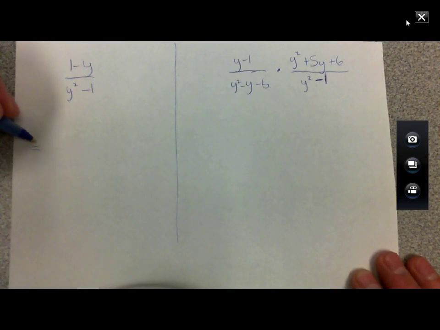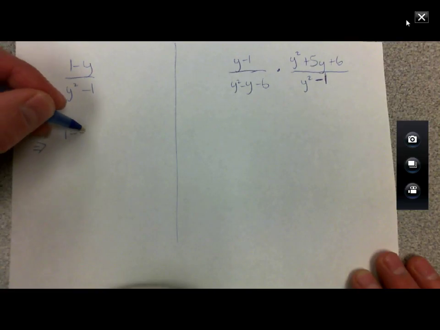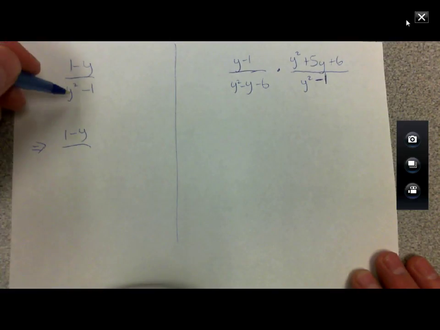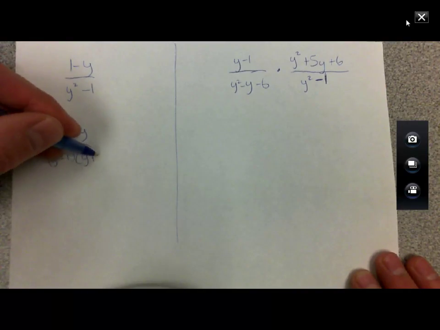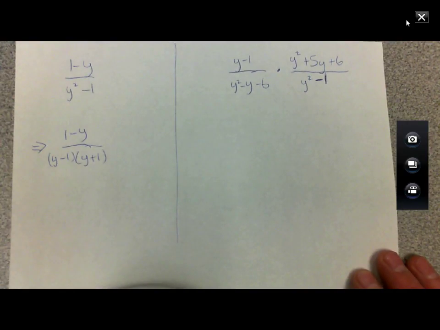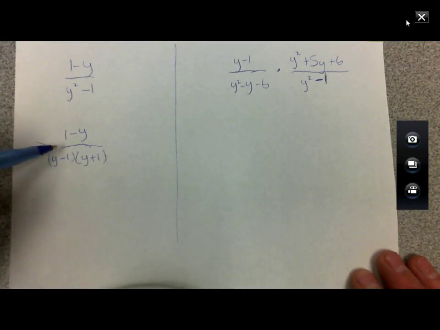So this, I'm going to move down here. The numerator, I would keep the same. Y squared minus 1, I can factor that to y minus 1 and y plus 1. So those are conjugates, and when you FOIL that out, you're going to get the original expression y squared minus 1. Now I look for a common factor. I'm close here.